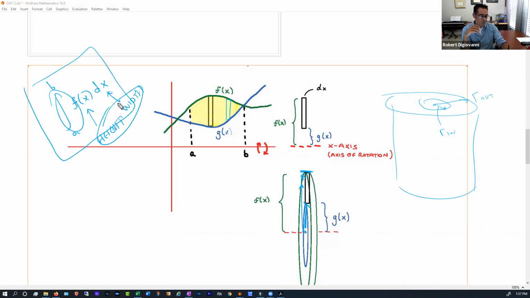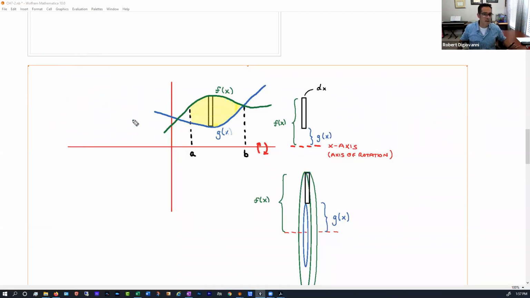When you do height times width, you get an area, so we added up a bunch of areas, which gave us a total area. Here, we're not talking about area. We're talking about the volume of something abstract that we can't even really see. We're just saying, if we were to rotate it, what would we get? So I'm taking one rectangle, wrapping it around, and what I'm getting is that shape.